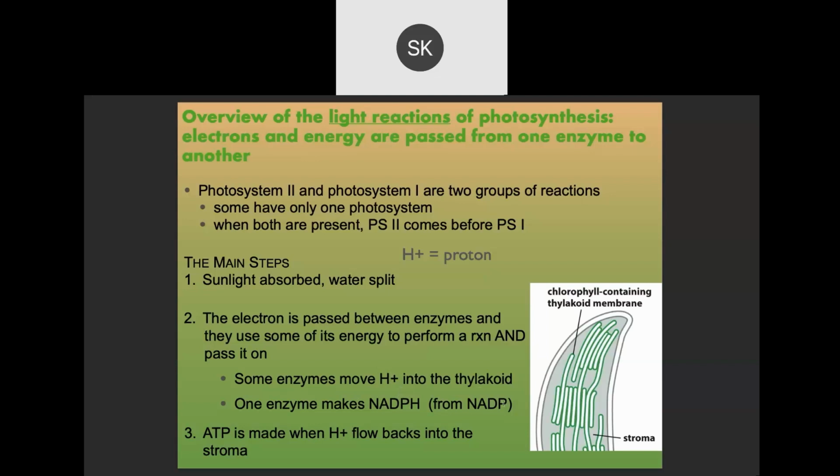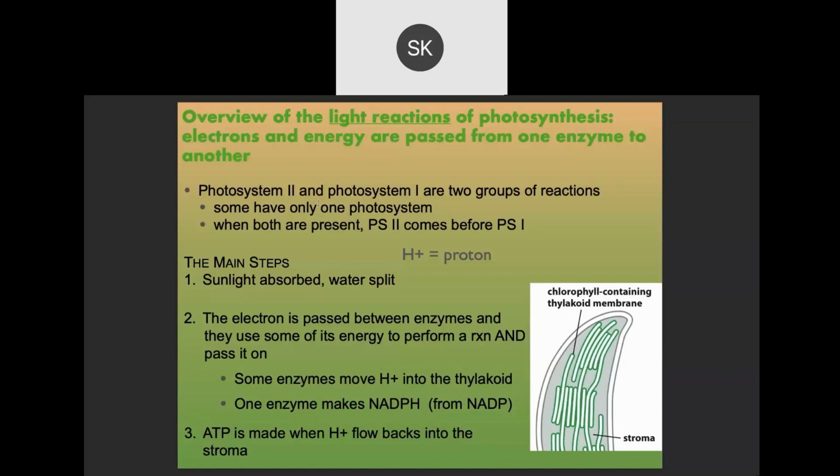In other words, it just adds hydrogen to NADP. NADPH is important because it is a molecule that's going to be used later on. And then, as we said, ATP is made in the last steps of photosynthesis, in the light reactions at least.